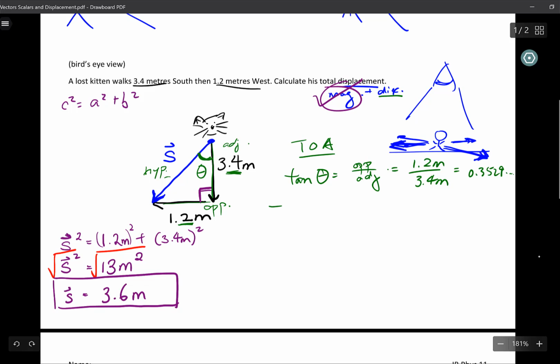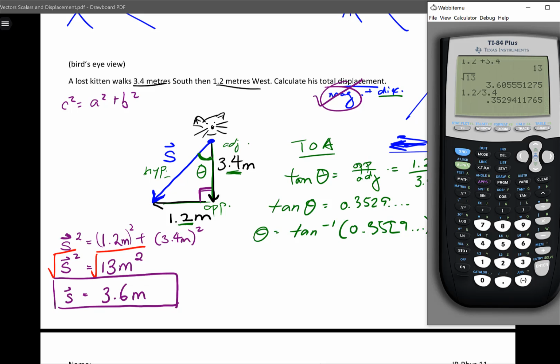Okay, so then write that tan theta equals 0.3529 dot dot dot. Now, how do we find the angle again? Well, if we have the ratio, yes, inverse. So we're going to use inverse tan. So theta equals tan inverse of 0.3529 dot dot dot.